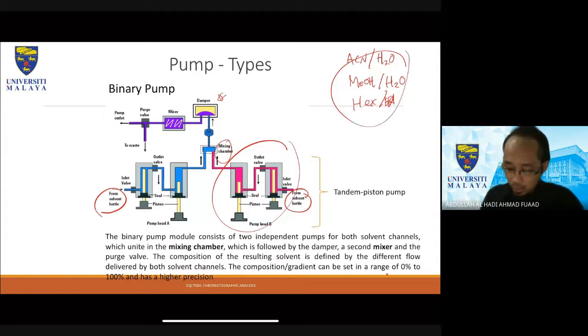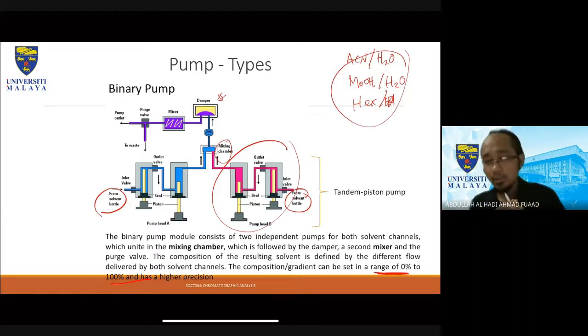Okay, and gradient is very important to make sure that you are able to separate your sample of interest from the unknowns and the byproducts, for example if you're doing a synthesis. So why can't you use isocratic flow?